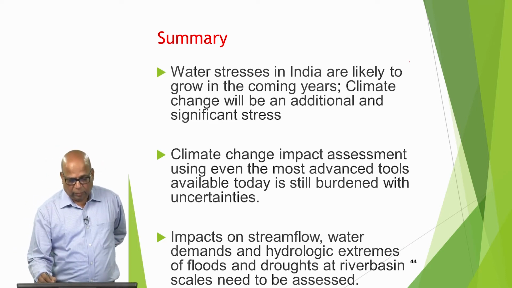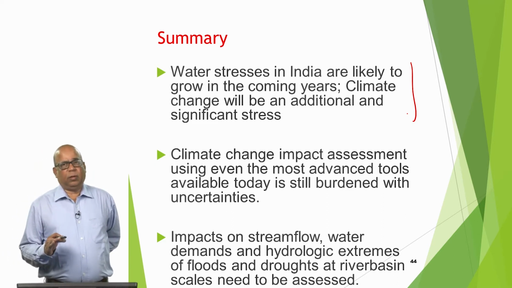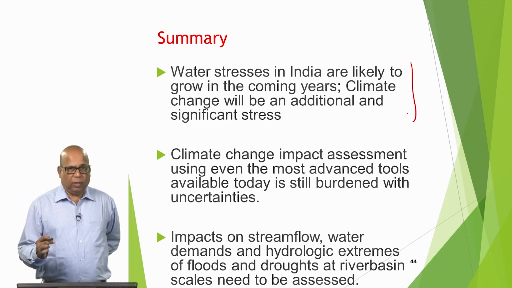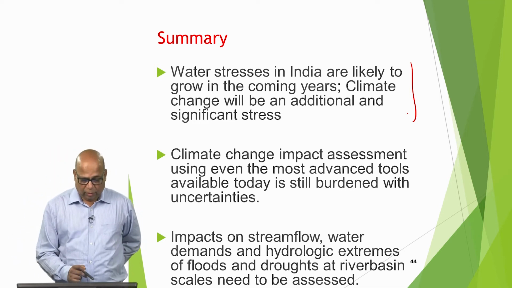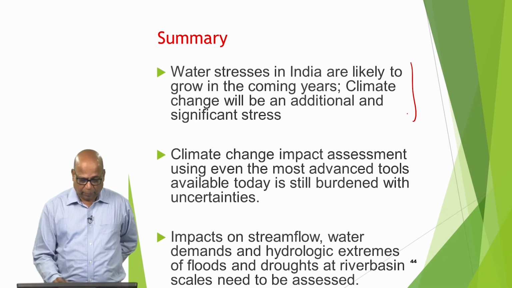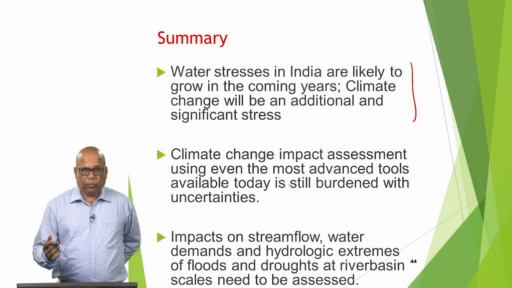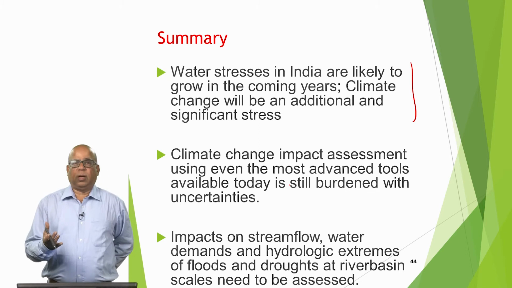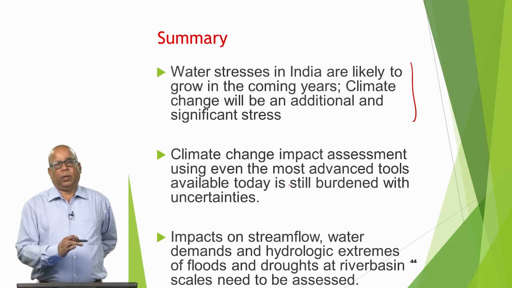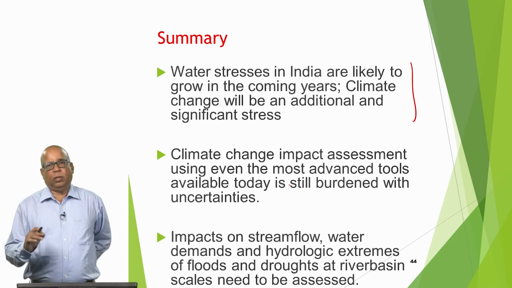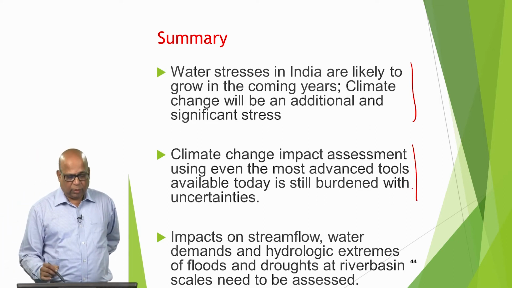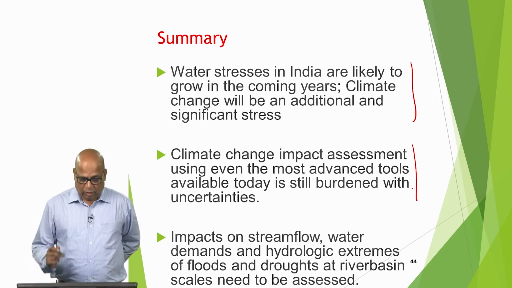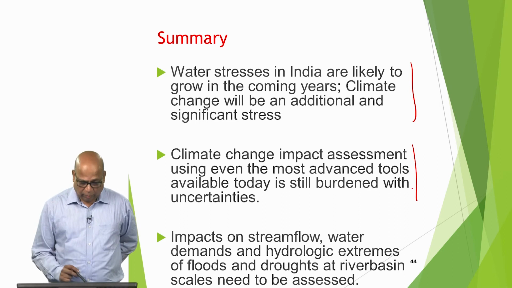So, the summary is that the country is already water stressed because of several reasons, and climate change is likely to be a significant additional stress, and we need to understand the impact of climate change correctly. Now, even with the most advanced tools that are available today, most sophisticated GCMs and the downscaling methods and the hydrologic models, the projections are still burdened with uncertainties, and we need to address uncertainties and communicate them properly, so that it becomes useful for policymakers.